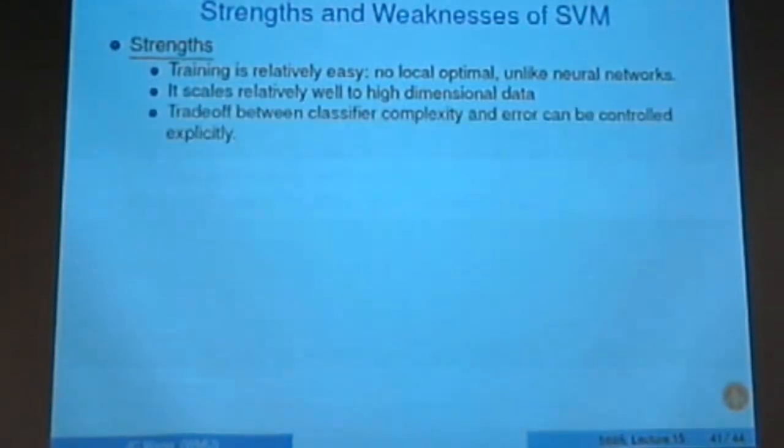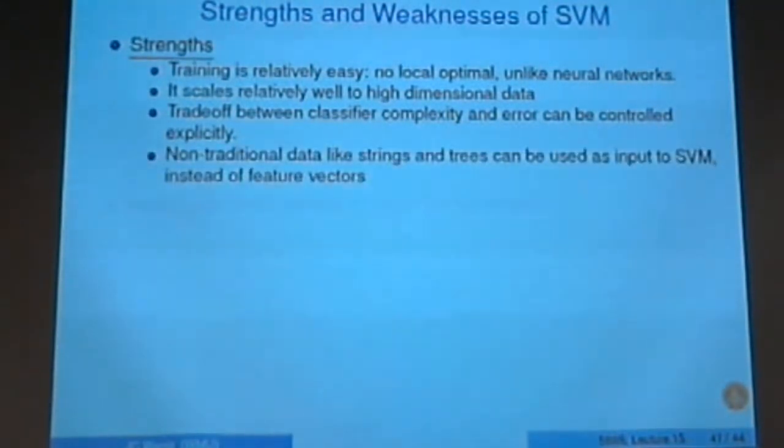The trade-off between classifier complexity and error can be controlled explicitly, through the cost we mentioned. And non-traditional data like strings and trees can be used as input to a support vector machine. This is kind of a strange algorithm.